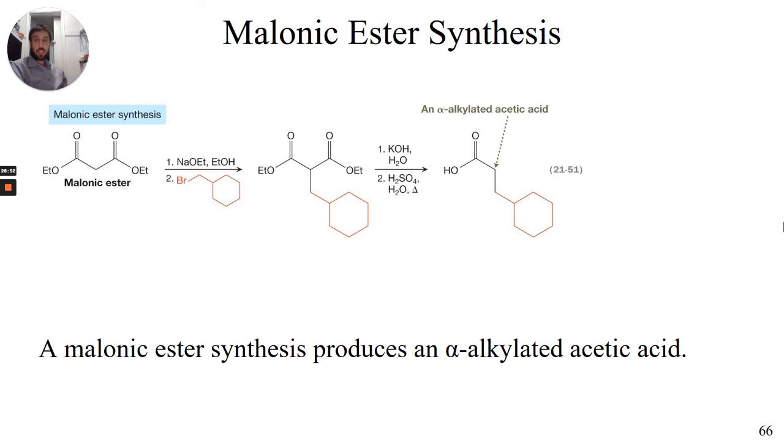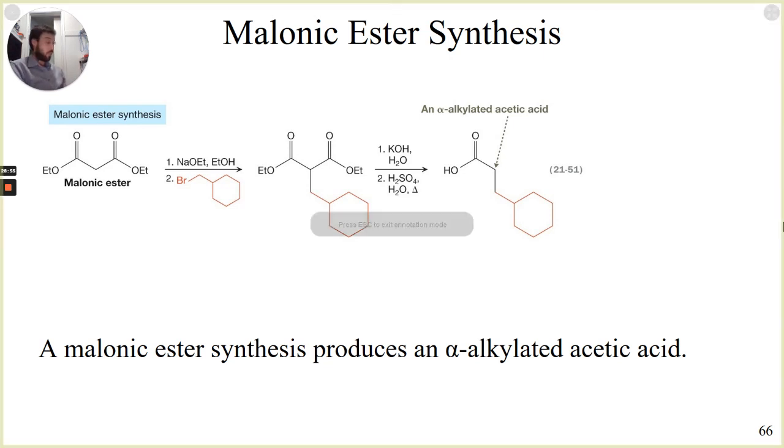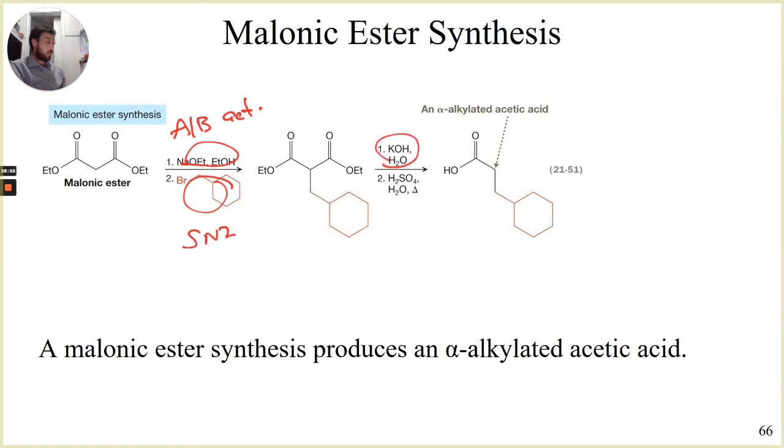In the malonic ester, similar idea. Okay? If we break this one down, we've got our acid base activation, followed by our SN2, followed by our acid conversion. So this would be a nucleophilic addition elimination reaction, followed by our decarboxylation.